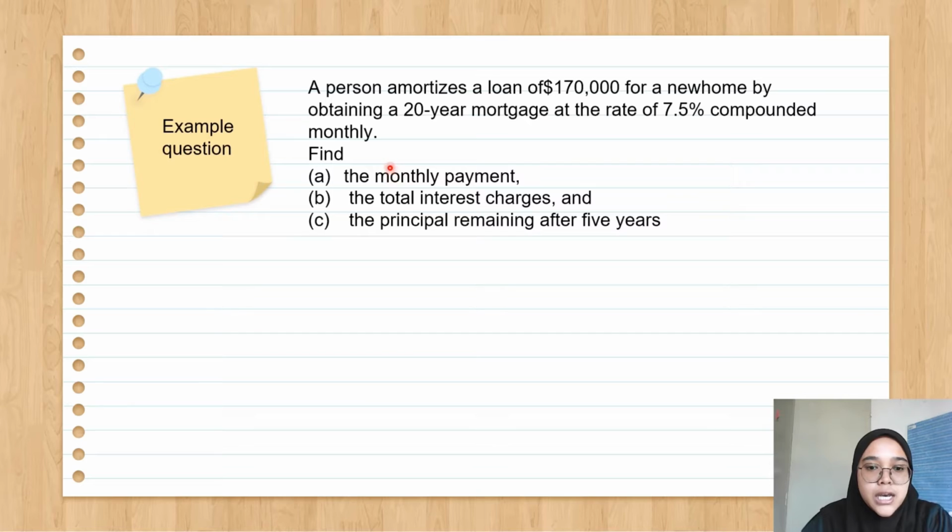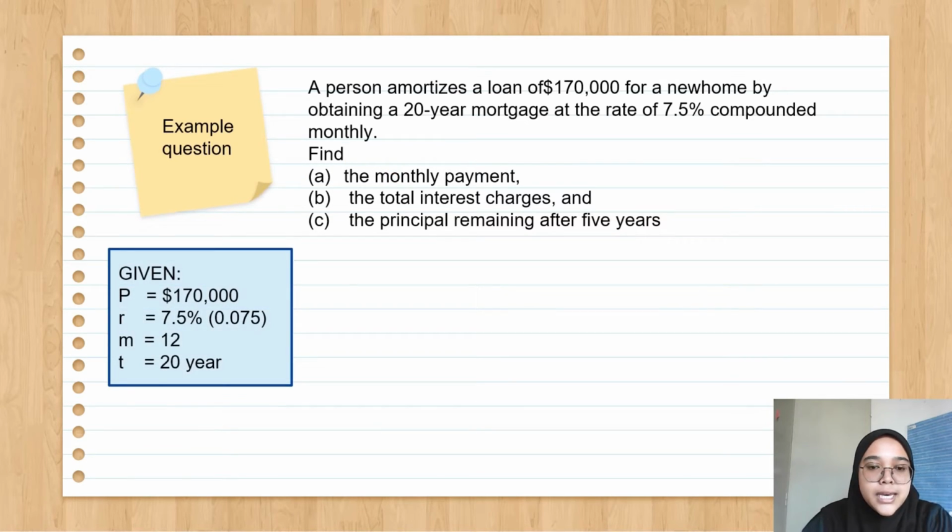Given, the principal is $170,000. The rate is 7.5%, and we convert it to a decimal, so it's 0.075. The number of conversions is 12. The time is 20 years.